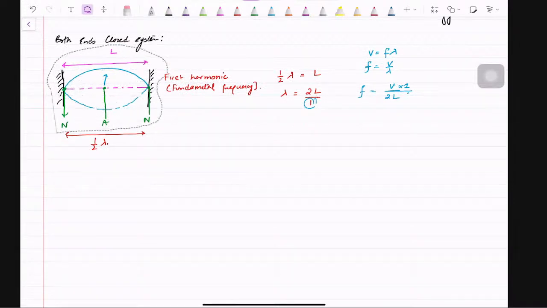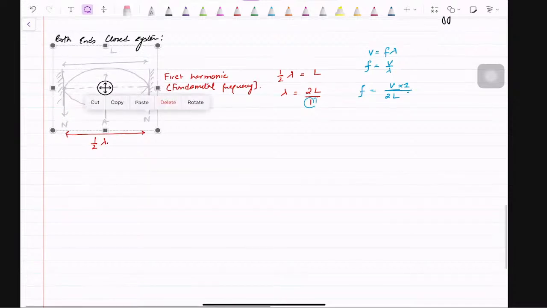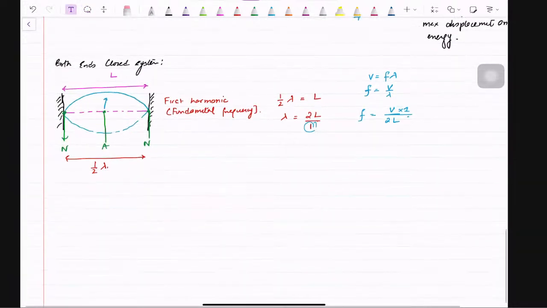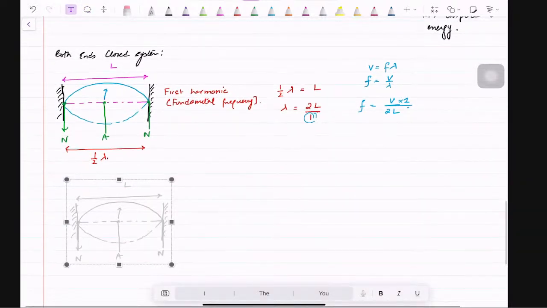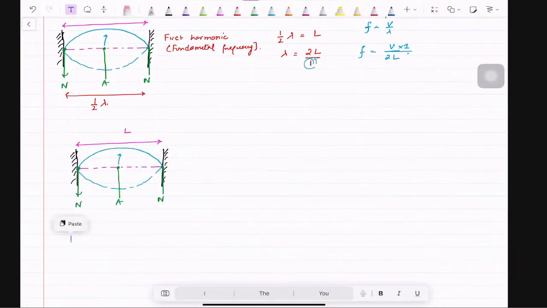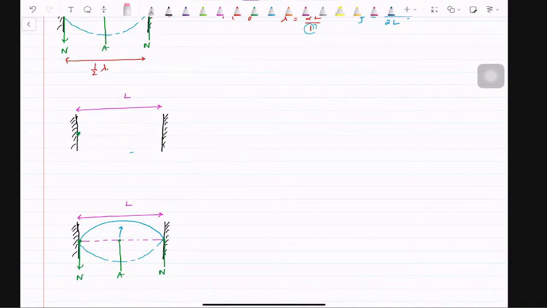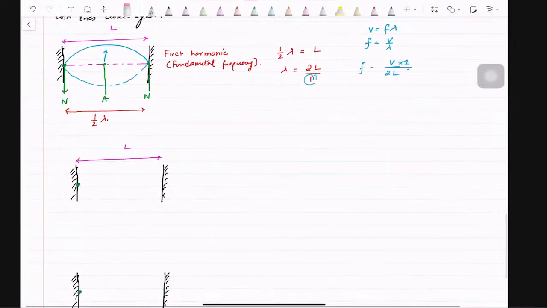Okay. Now, so we create the second scenario. So if I want to create the next frequency wave, obviously I have to increase the frequency.